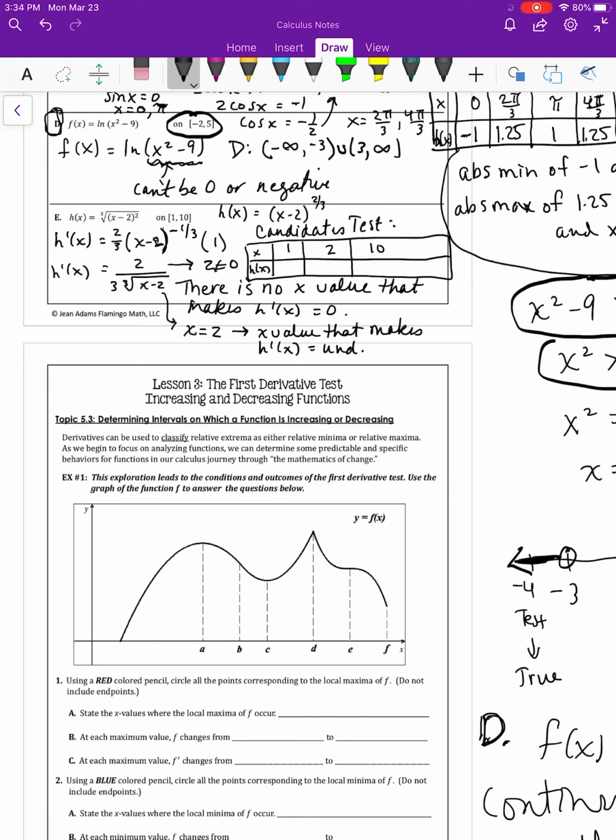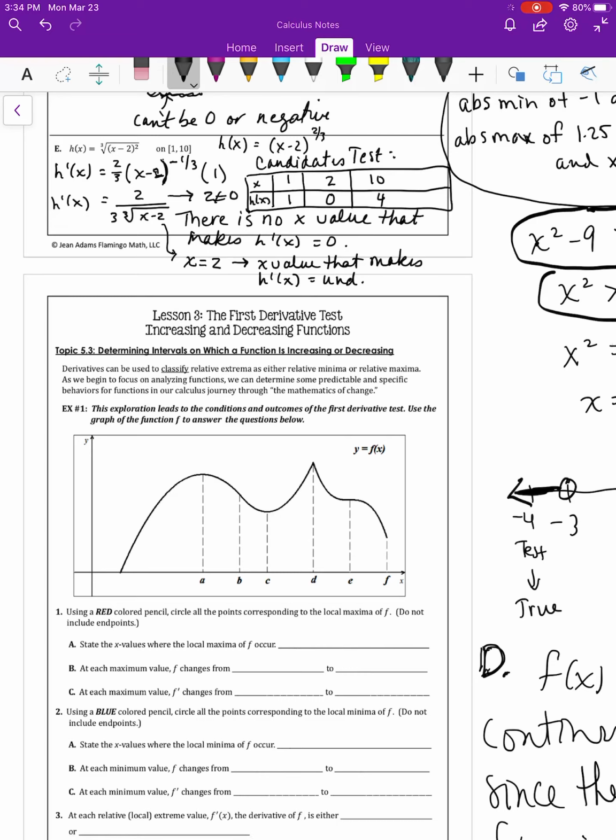And so now you can put your h of x into your calculator, use your table. You can pause the video at this point so you can put your h of x values in for 1, 2, and 10. And you should have gotten 1 for 1, 0 for 2, and 4 for 10. And so now we can just look at those values and we can find our absolute extremum.